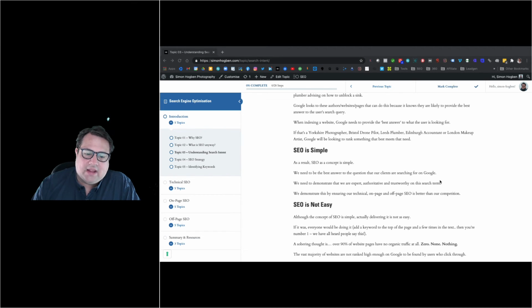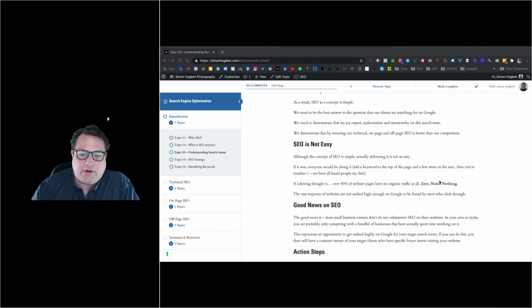So one thing to have as a perspective when you're going through this, and it's a bit of a sobering thought, is the vast majority of websites don't see any organic traffic at all. They're never found on Google for any reason, well over 90%. And the vast majority of websites are just not ranked by Google as the best answer to the question. So that is a bit of a sobering thought.